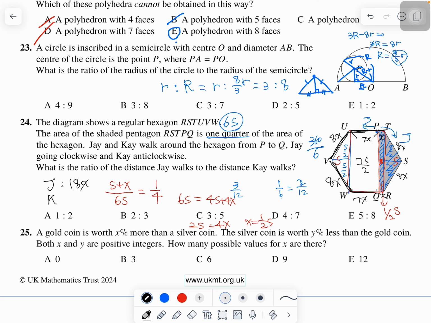What about K? Okay, 7, 8, 8, 7, so 30x. So the question is the distance of J to the distance of K. So J to K is 18x to 30x. So when we divide by 6x, this could be 3 to 5.